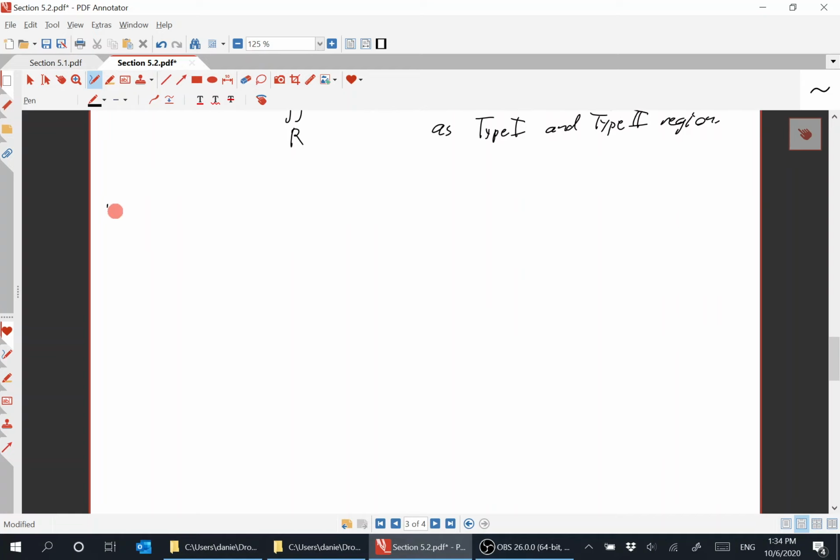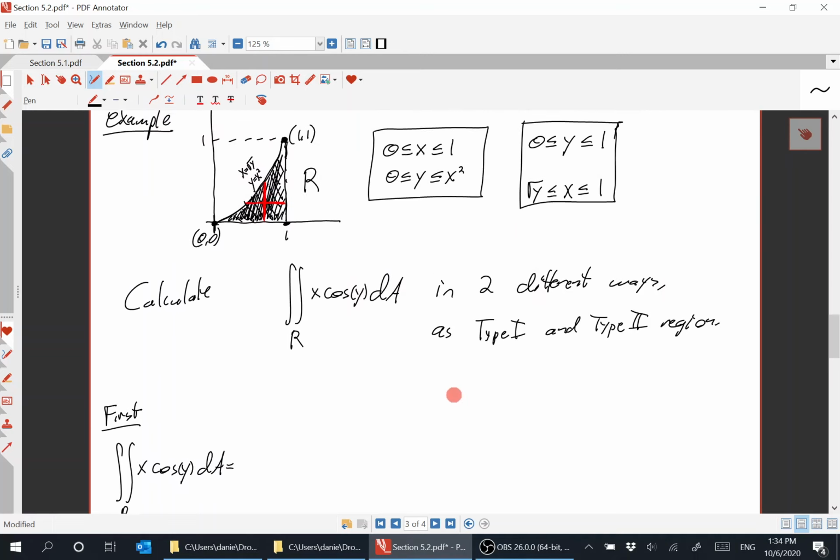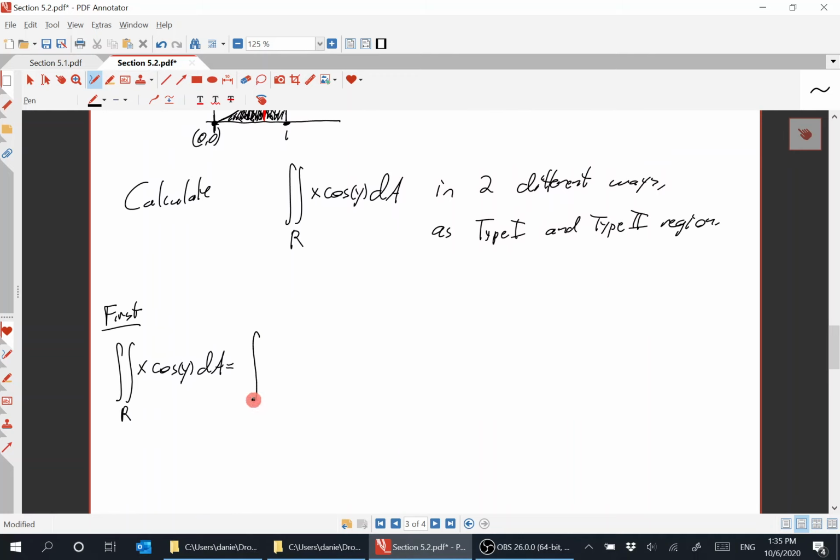Well, the first type: the double integral over R of x cosine of y dA is equal to, so we'll use this type here, x goes from 0 to 1, and y goes from 0 to x squared.